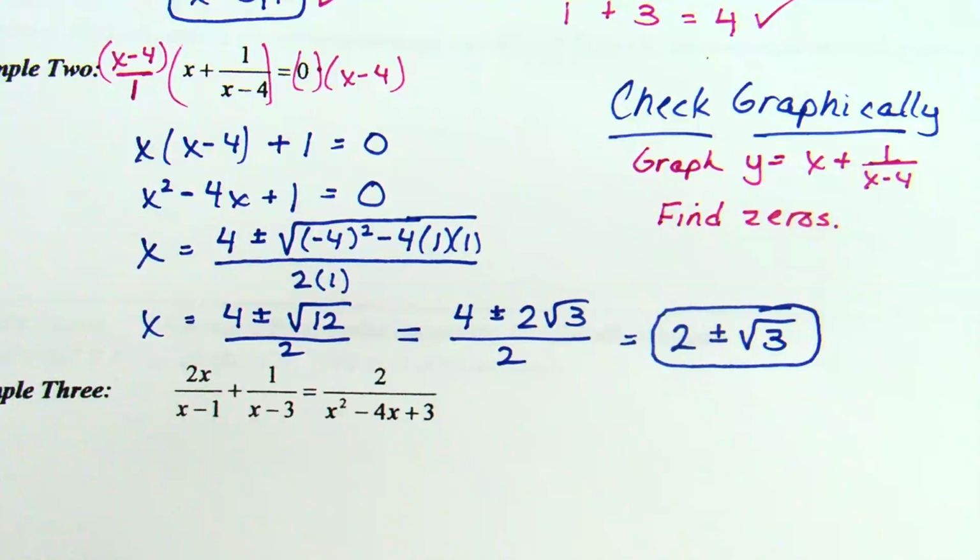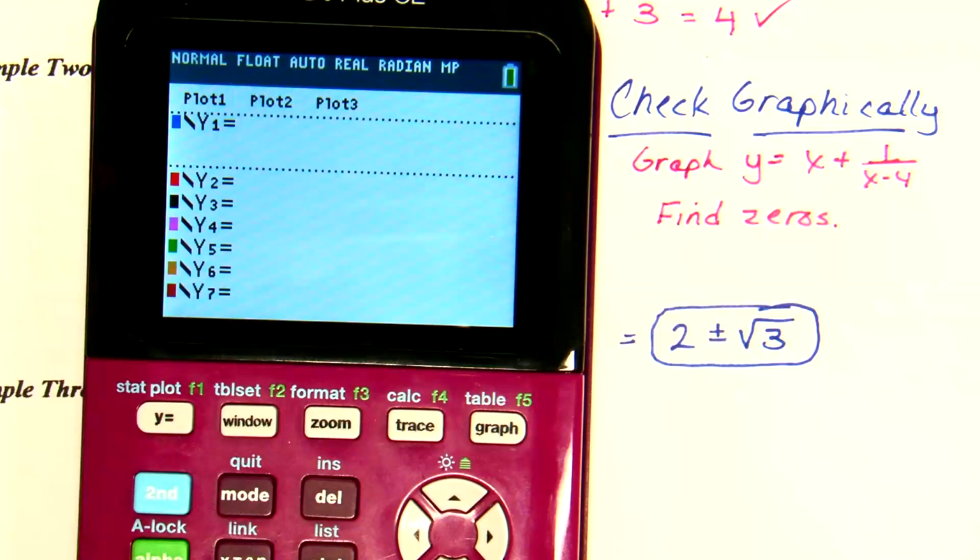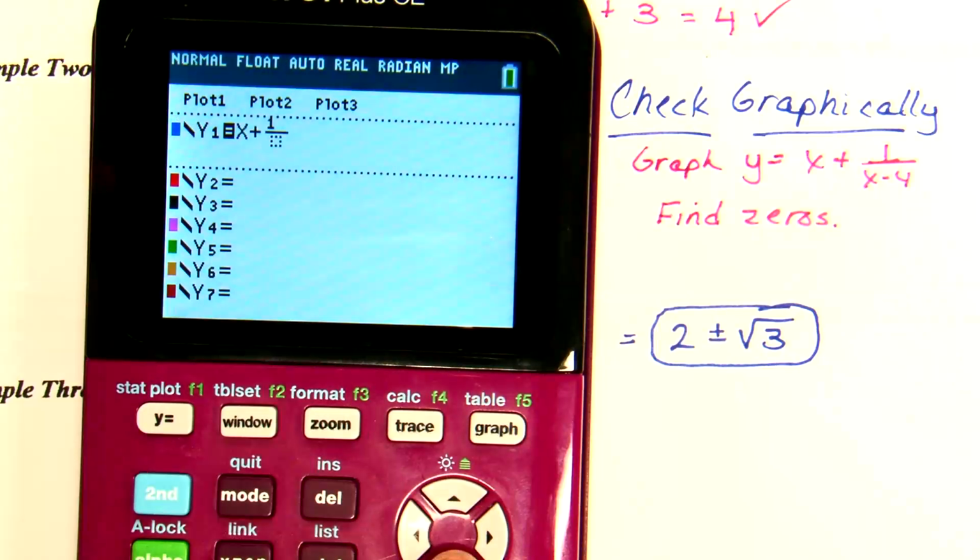Okay. So y equals x plus, I'm doing my fraction bar, so 1 over x minus 4. If you can't do a fraction bar, you must put the x minus 4 in parentheses.